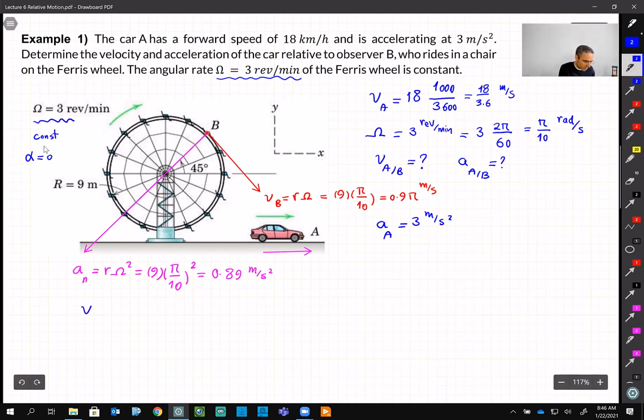So can I write VA is equal to VB plus VA with respect to B? Yes, we can, right? The relative motion, you just saw it. I always remind myself, because we can easily make a mistake in exams with this relation. When you have A and B, remember the order: VA over B is always VA minus VB.